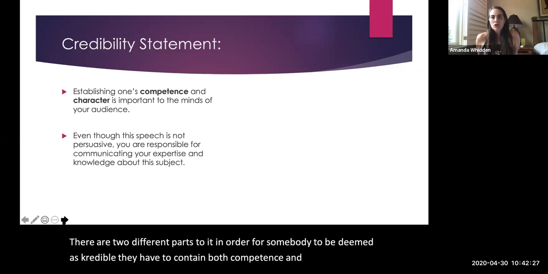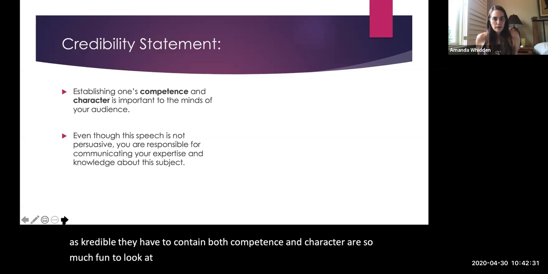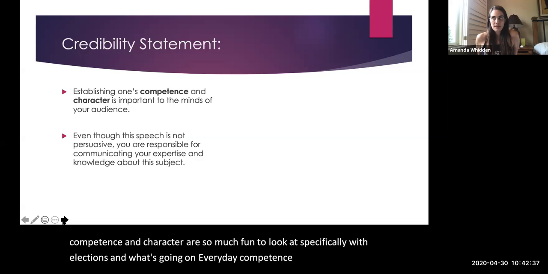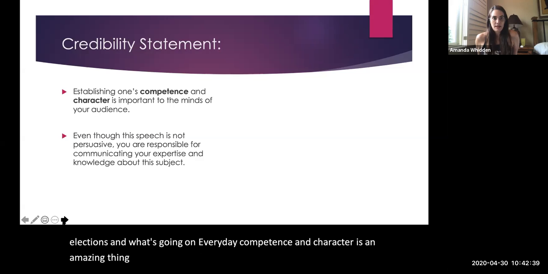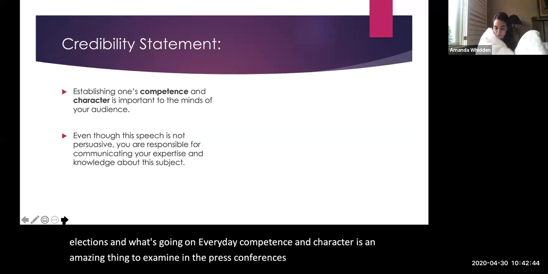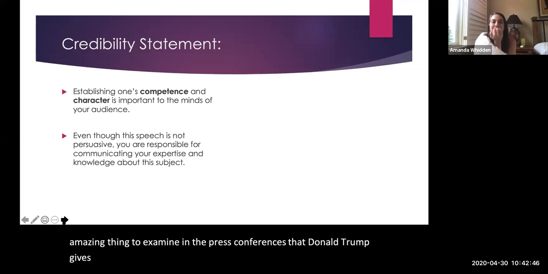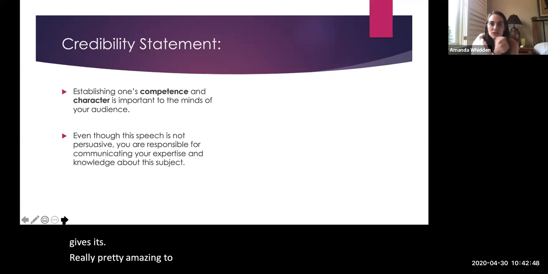Competence and character are so much fun to look at, specifically with elections and what's going on. Every day, competence and character is an amazing thing to examine in the press conferences that Donald Trump gives. It's really pretty amazing to watch how this is done. Elections are won oftentimes on competence and character alone.